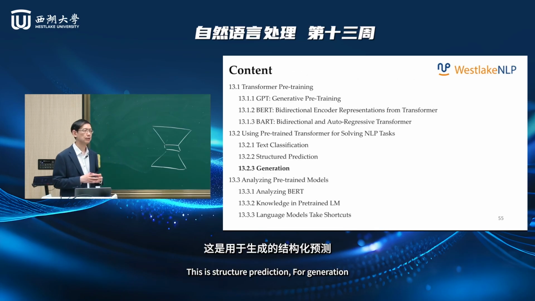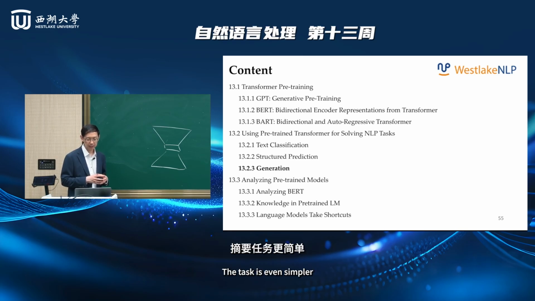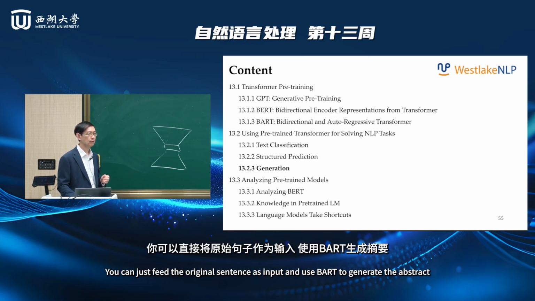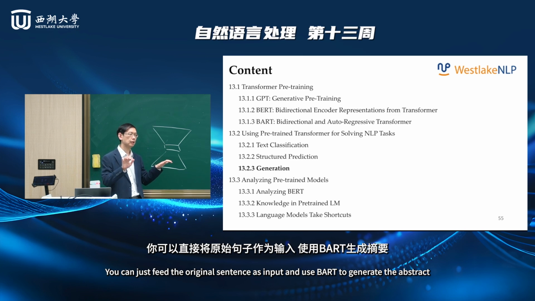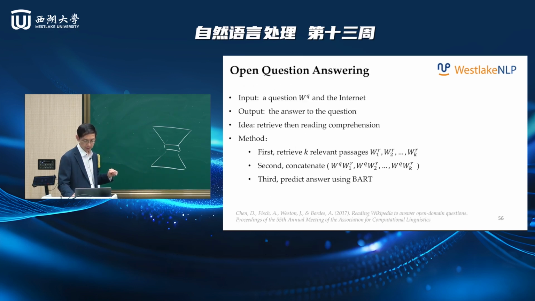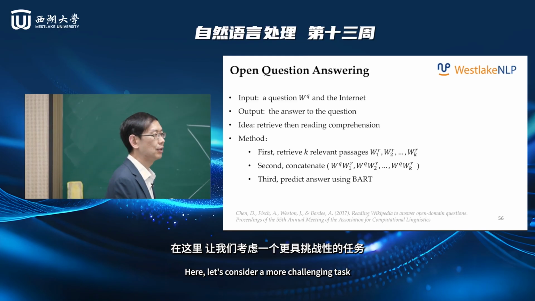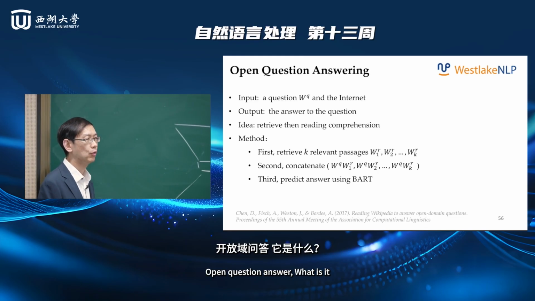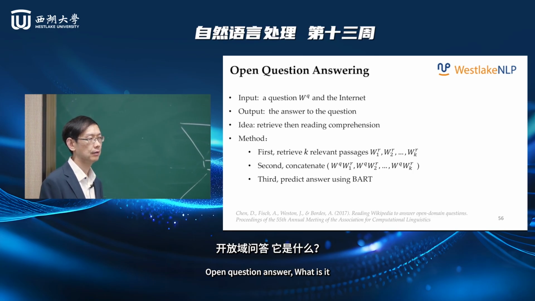This is structured prediction. For generation, the task is even simpler. I showed you for summarization, you can just feed the original sentence as input and use BART to generate the abstract. Here, let's consider a more challenging task. Open question answering. What is it?